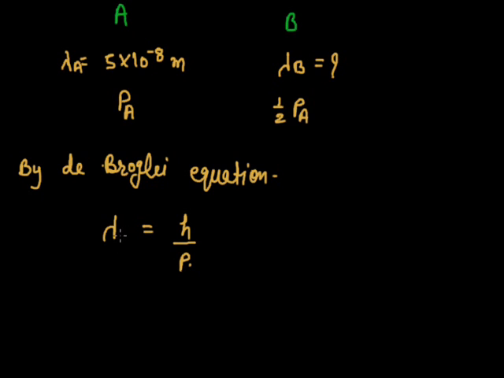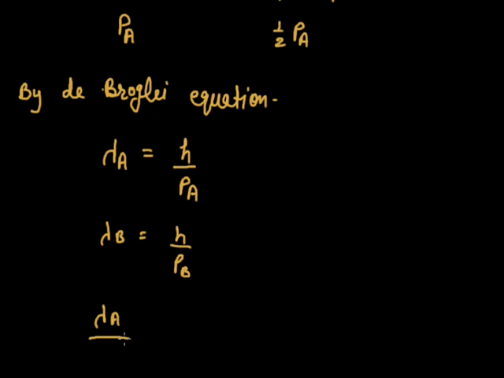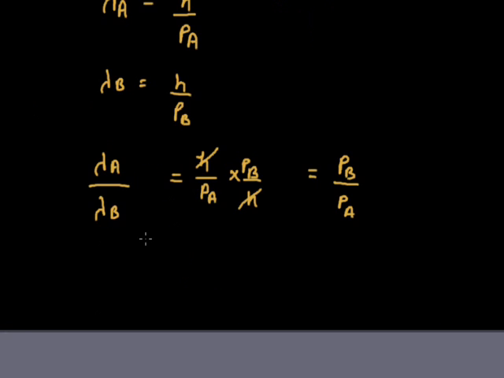If we talk about particle A, then its wavelength lambda A is equal to h upon PA, and lambda B will be h upon PB. If we do lambda A upon lambda B, then it will be h upon PA into PB upon h. So h will cancel and give us PB upon PA. We know that PB is equal to half PA, so we put the value of PB as half PA.